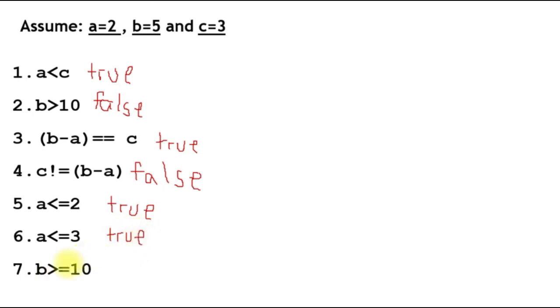Next is b is greater than or equal to 10. The value of b is 5. So, isa-isahin natin ulit. Is 5 is greater than 10? Anong sagot? Mas maliit daw ba ang 5 kaysa 10? The answer is false. Next, is 5 is equal to 10, meaning same ba yung value ng 5 sa 10?